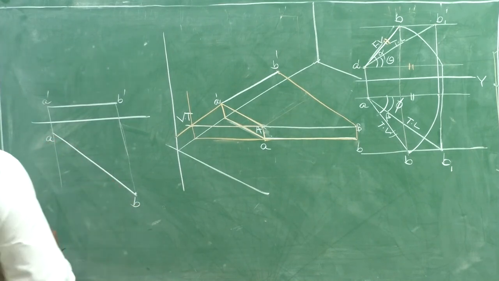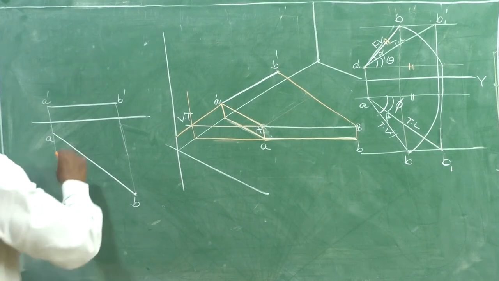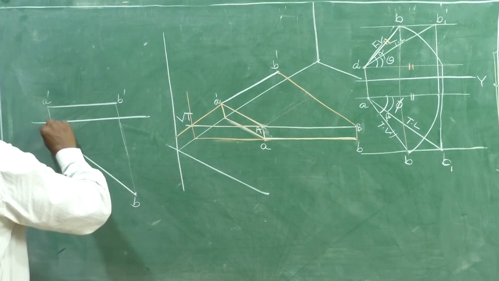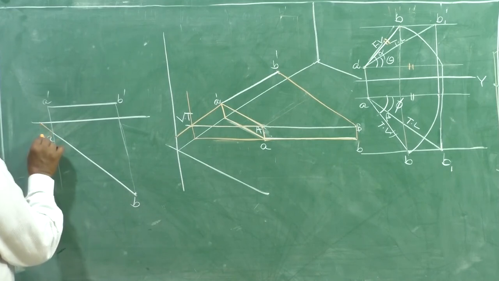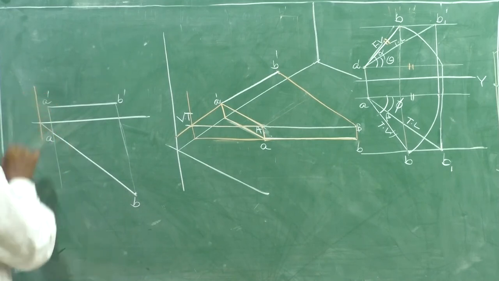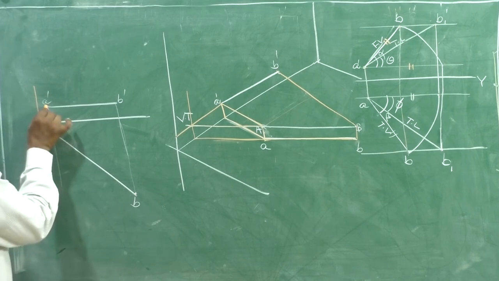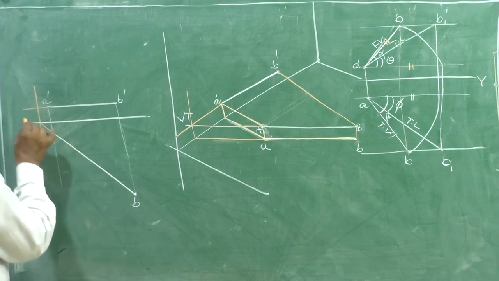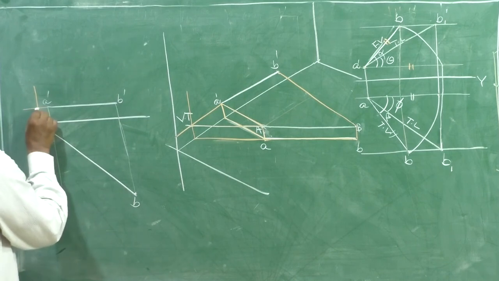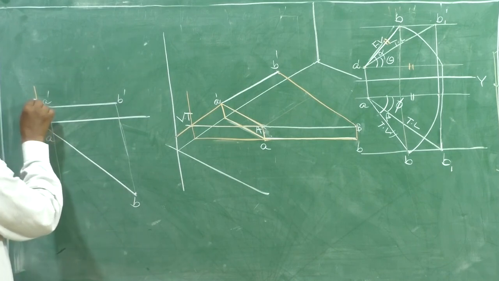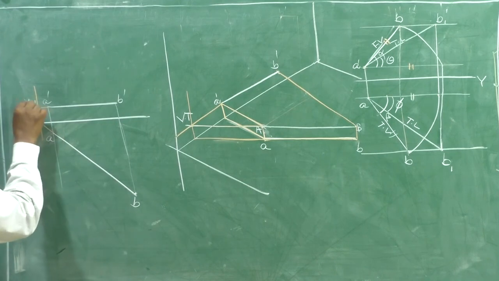To locate the vertical trace, extend it up to the intersecting point, draw a perpendicular line to the reference line. After that, extend the front view. This point is nothing but the vertical trace.